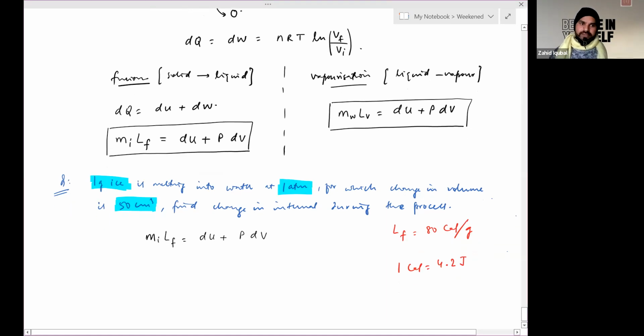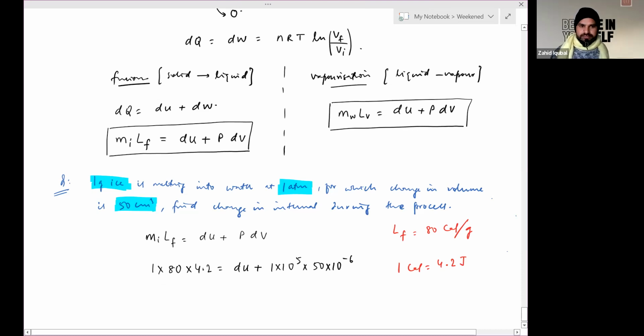Let me solve. We have mass 1 gram multiplied by latent heat of fusion, that is 80 calorie per gram. So this entire term will be in terms of calorie. If you have to convert it into joule, just multiply this expression by 4.2. This will be equal to dU plus pressure. We have 1 atm, 1 into 10 to the power 5, and change in volume is 50 centimeter cube, 10 to the power minus 6.